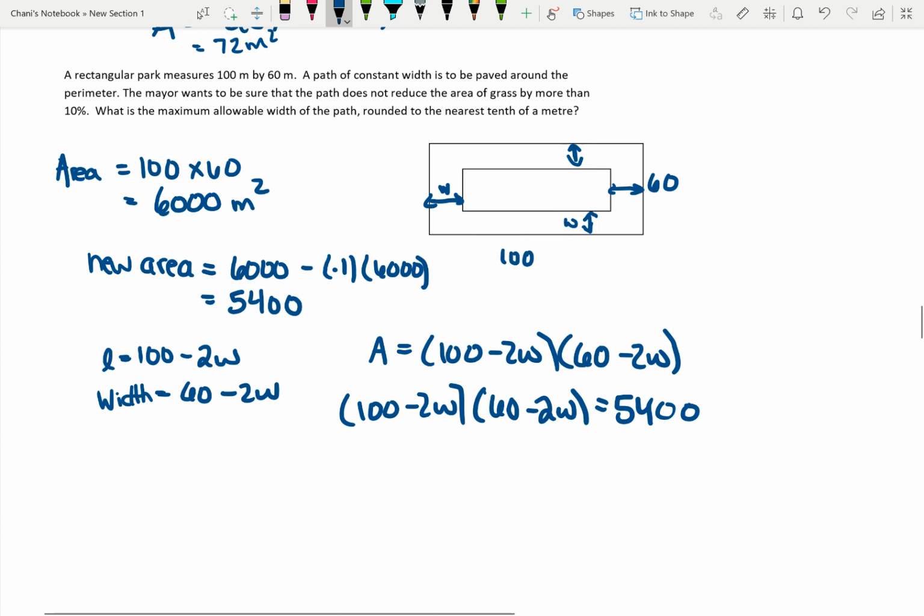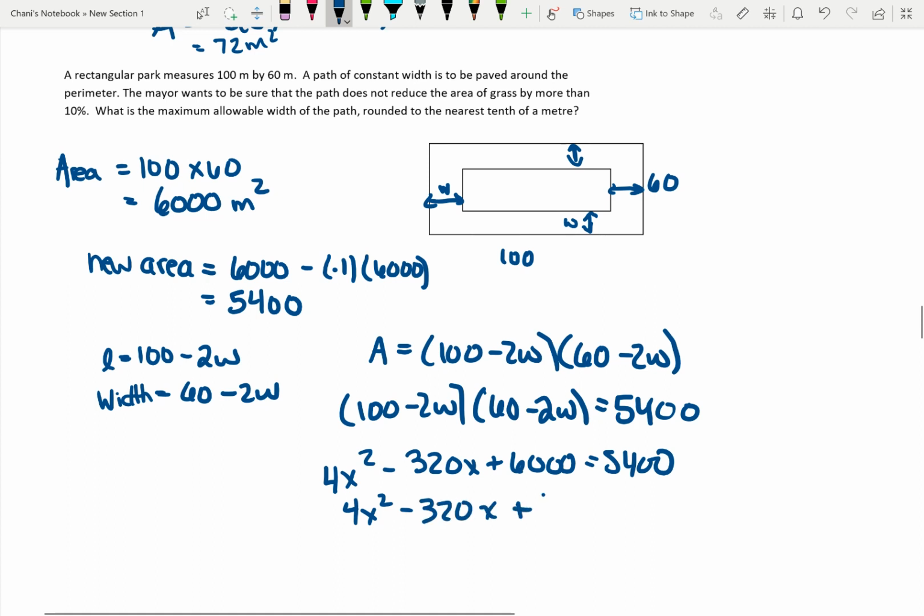So when we FOIL the left side, we get 4W squared minus 320W plus 6,000 equals 5,400. And then we move the 5,400 over to get 4W squared minus 320W plus 600 equals 0.